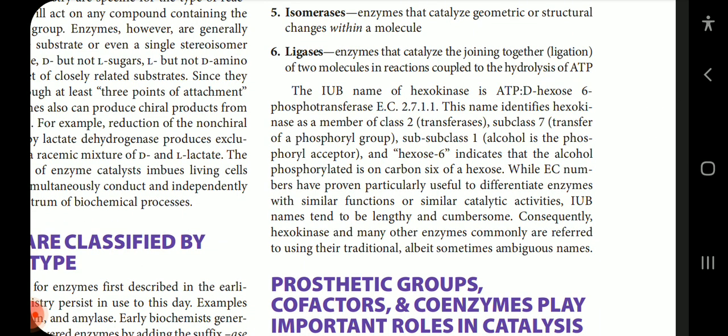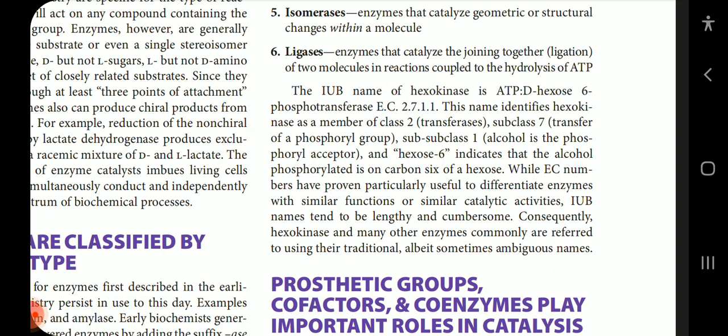The IUB name of hexokinase is ATP:D-hexose 6-phosphotransferase, EC 2.7.1.1. This name and class number identify hexokinase as a member of class 2, transferases; subclass 7, transfer of a phosphoryl group; subclass 1, alcohol is the phosphoryl acceptor; and hexose 6 indicates that the alcohol phosphorylated is on carbon 6 of a hexose.